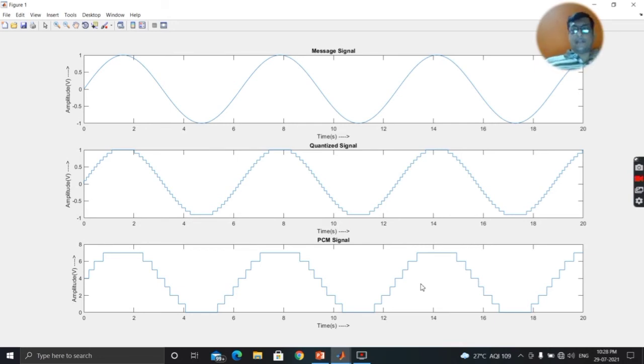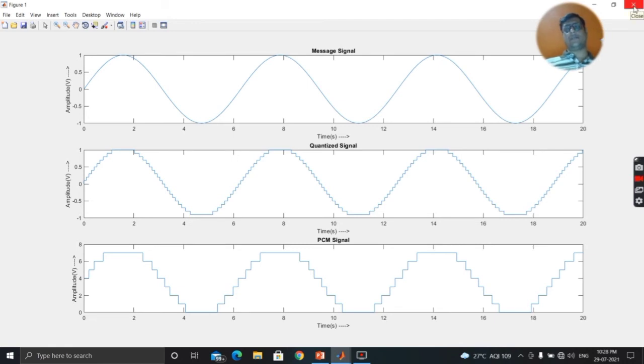We can go for line coding, either non-polar, polar, return to zero, non-return to zero, or in the form of Manchester, or bipolar AMI, whatever it is. So it is a basic representation of a quantized signal and PCM signal.